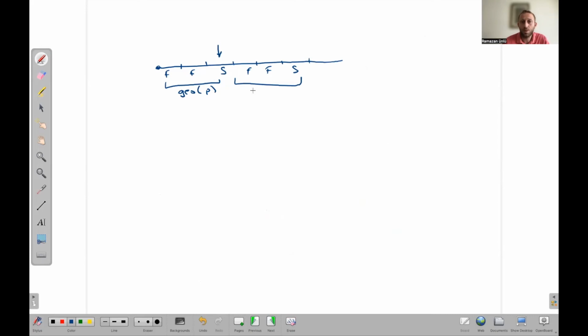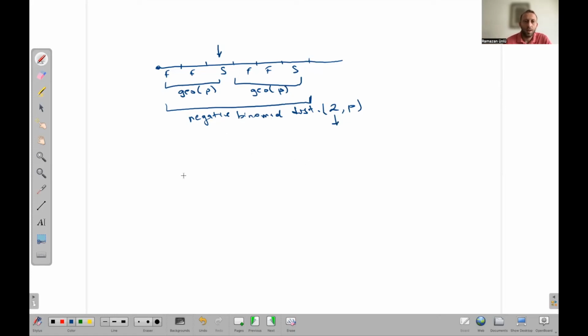That's why this is also the geometric distribution with parameter p, which is the probability of success. And this whole process, the second success, is, remember, the negative binomial distribution with parameters q and p, where q is the number of successes of interest.